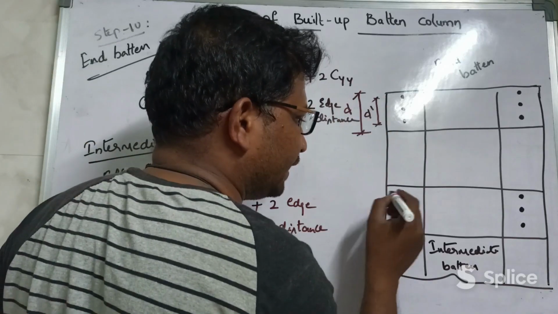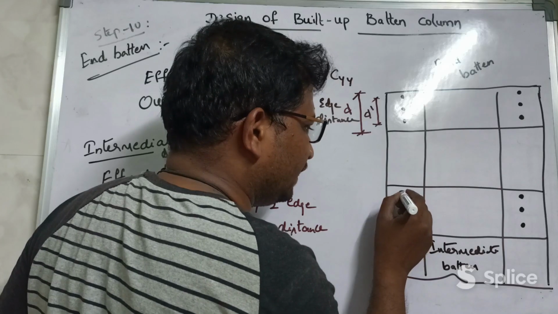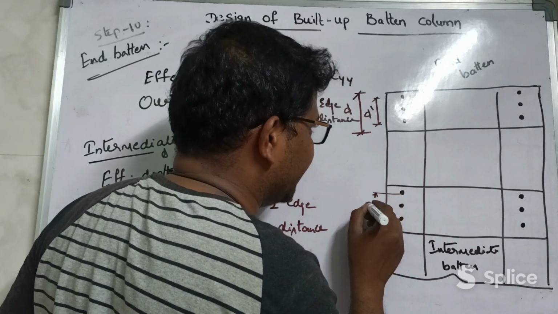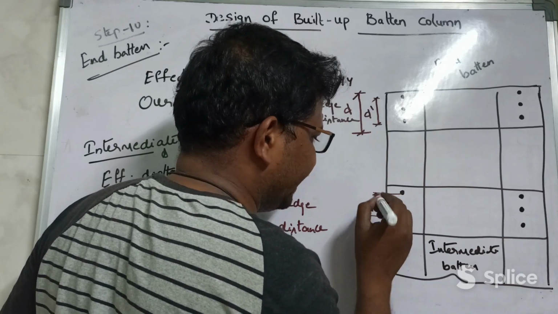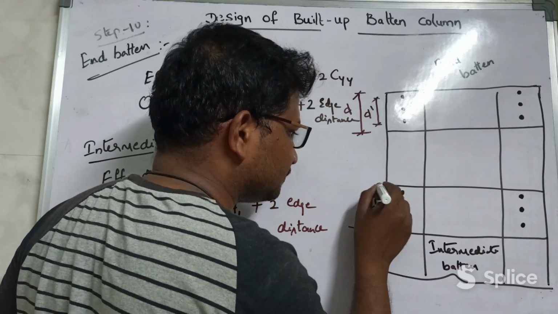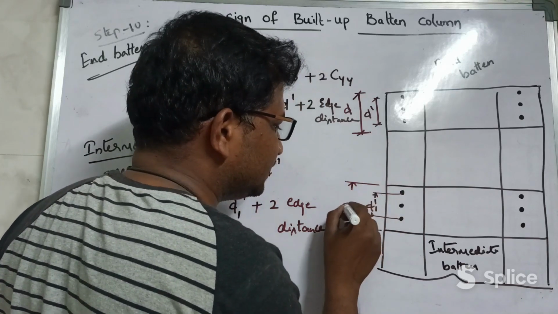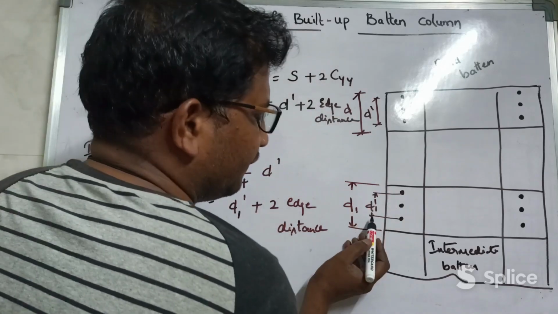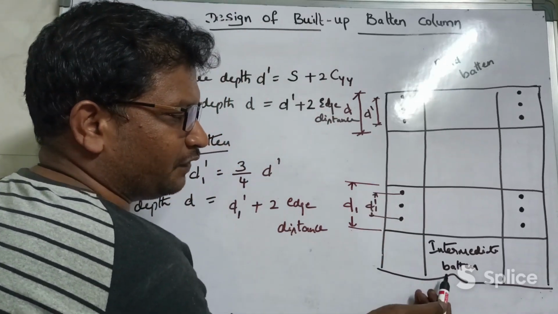Similarly, for intermediate batten, distance between end rivet to end rivet, this is D1 dash. Okay, the overall depth, this one, this is D1. This is effective depth. This is overall depth of intermediate batten.